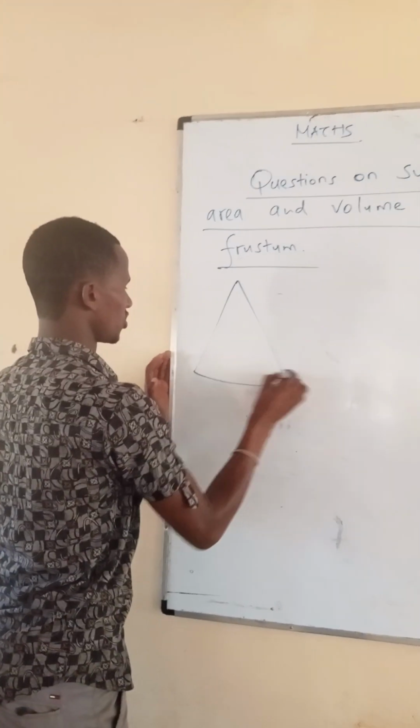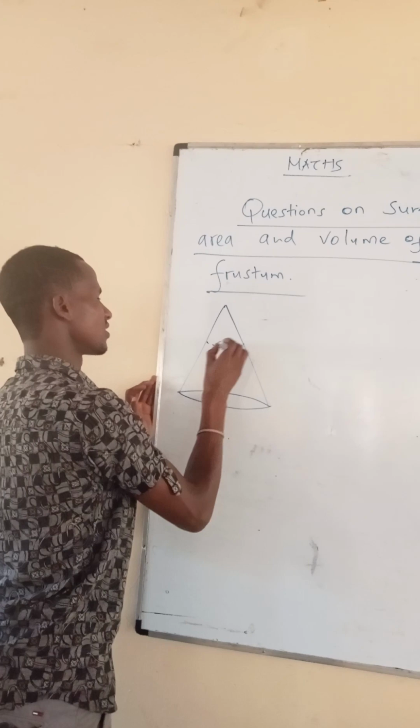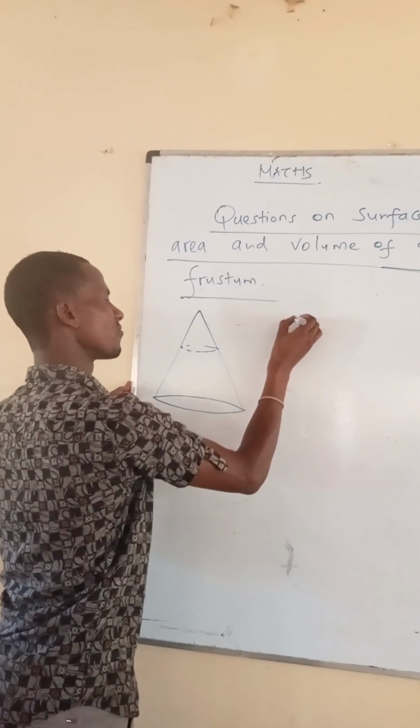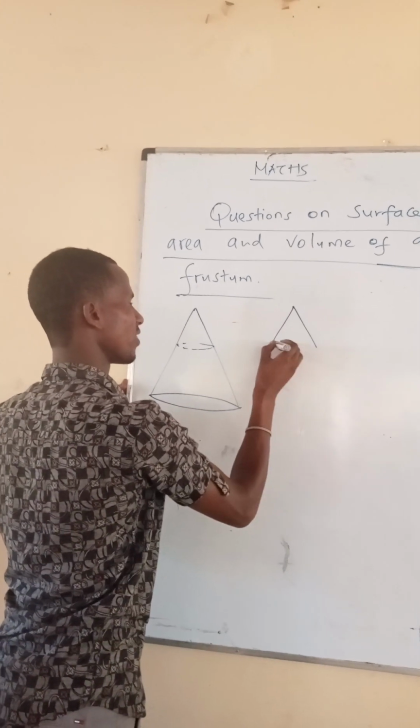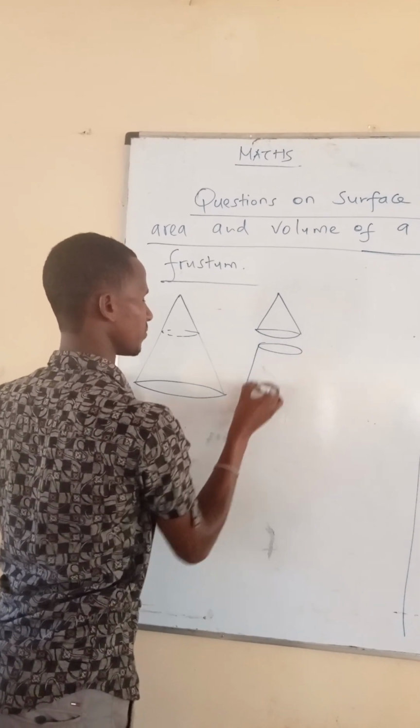So if this is your original cone, and you are cutting it along this line here, you will form a smaller cone there and a frustum.